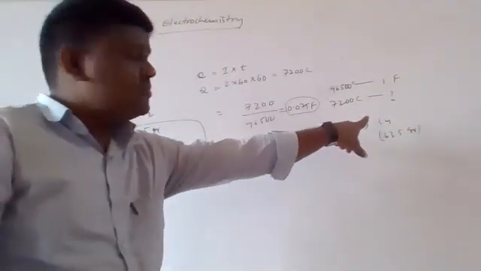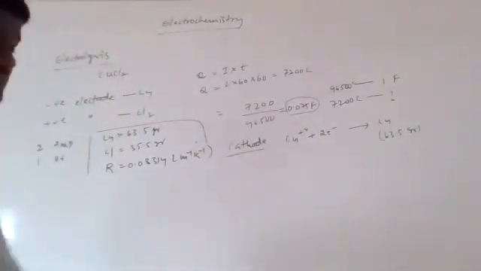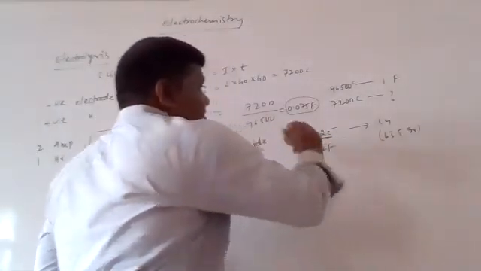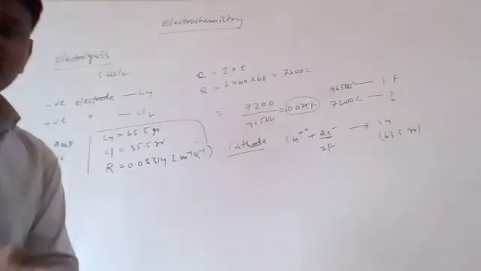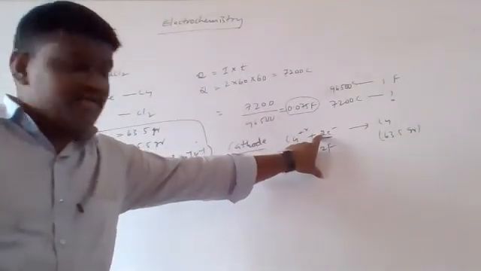So here copper gains 2 electrons to form 1 mole of copper. 1 mole of electron is equal to 1 Faraday. Here how many moles are there? 2 moles of electrons are there.